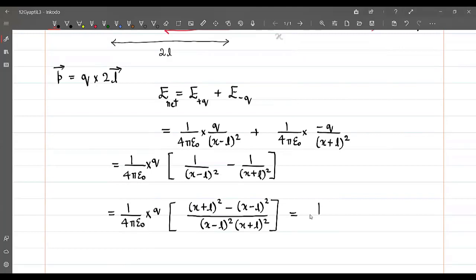So this will give you 1 by 4 pi epsilon naught. You do the calculation, x square plus L square, x square plus L square will get cancelled. Here it will be 2Lx, and here it will be minus 2Lx, but there is already a minus sign. So that will give you 4Lx, whole divided by, see this is a plus b, a minus b, a plus b, so I can write this as x square minus L square whole square.